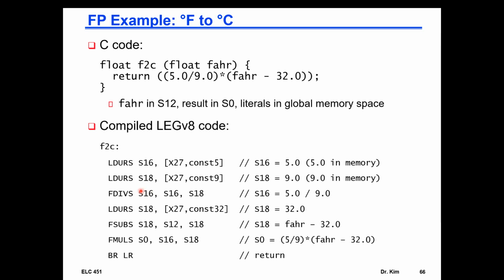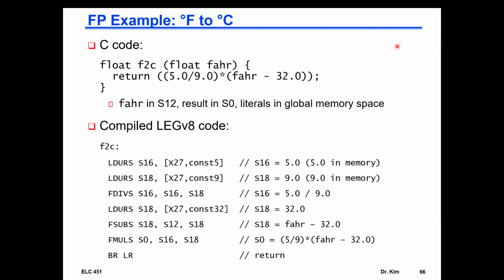So we multiply floating point register 16, single precision, and floating point register 18, single precision, and put the result in floating point register 0, single precision. That's the result we wanted. And we branch according to the link register, and we return to the section of code that called this function.